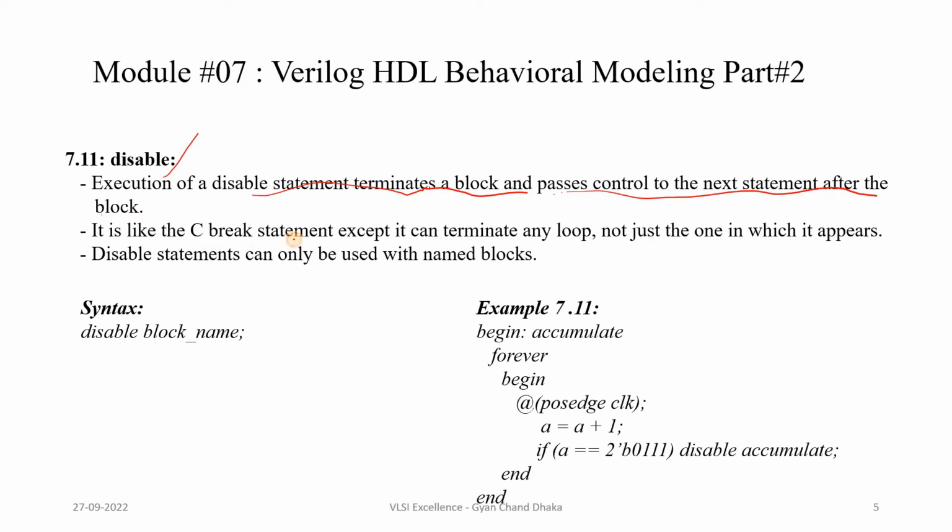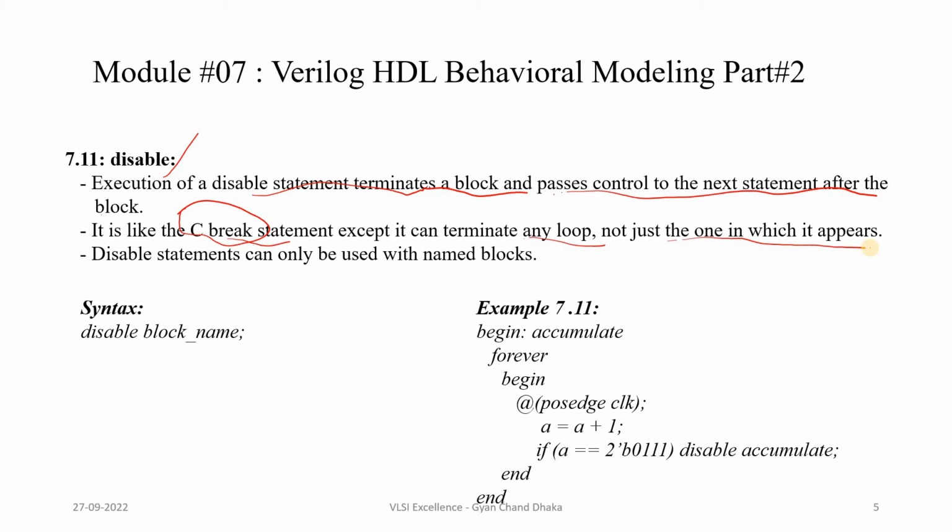It is like the C break statement. Disable is like a C break statement, except it can terminate any loop, not just the one in which it appears. Very important point. In C, suppose you have a loop, and on meeting some condition in that loop we want to break out of it.